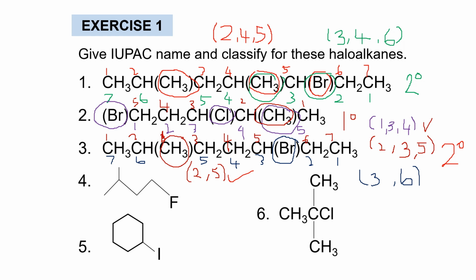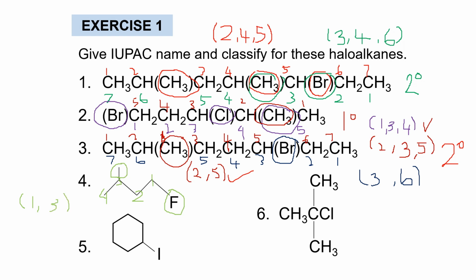So let's proceed to exercise number 4. If you number starting from the right side, this is carbon number 1, 2, 3, 4. So fluorine will get position 1, and methyl position number 3.